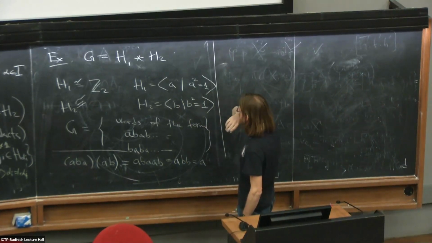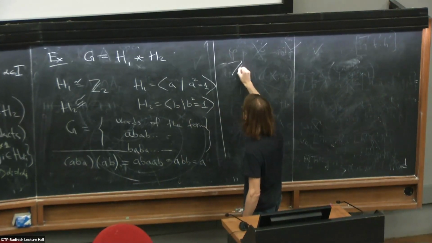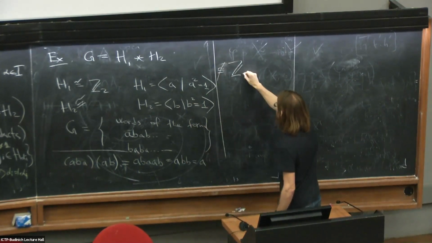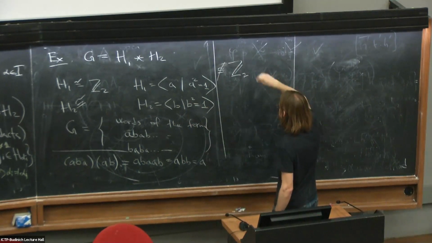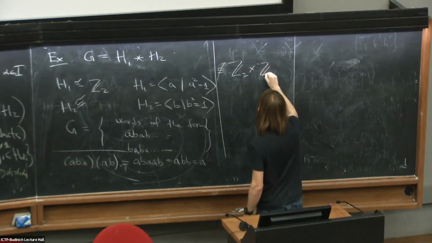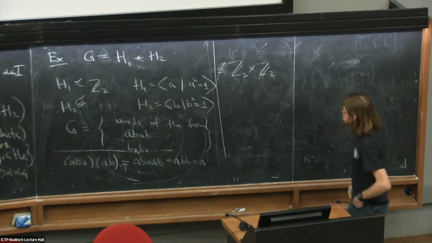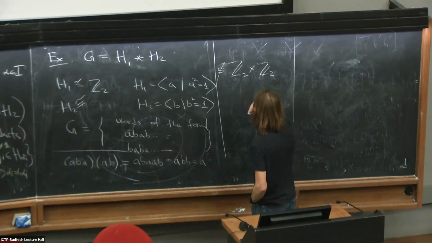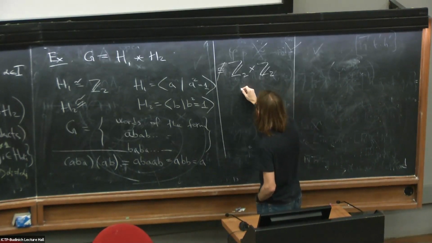And maybe it's instructive to see that this free product is not isomorphic to the usual product. The direct product would be a group of just 4 elements.